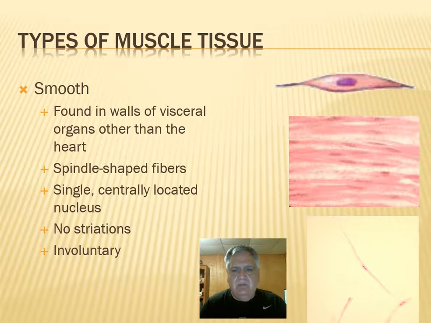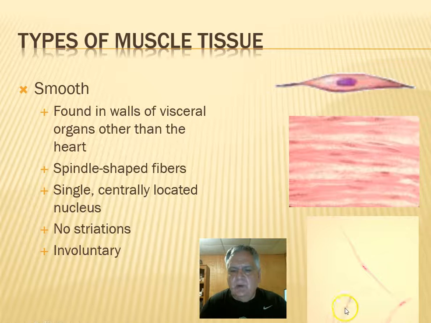Just before we leave this slide, you can see over here that this is a micrograph of smooth muscle tissue and what it looks like underneath the microscope. It's a little bit difficult to see individual muscle fibers here, but you can see nuclei and you can see the smooth, consistent nature of the cells as you move across the tissue from one side to the other.